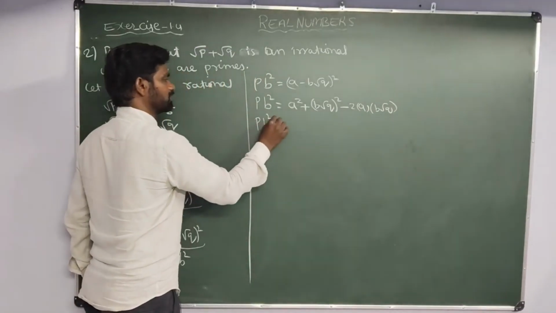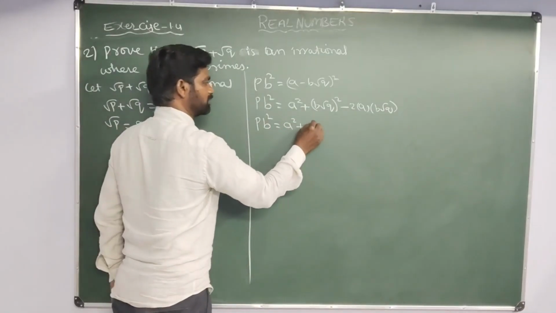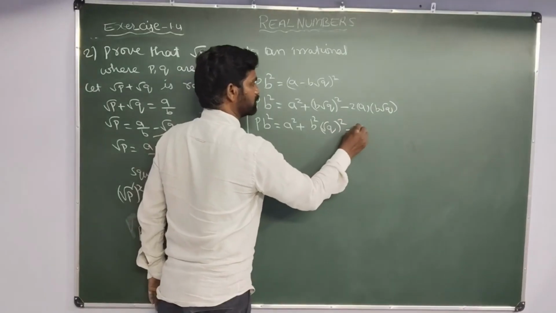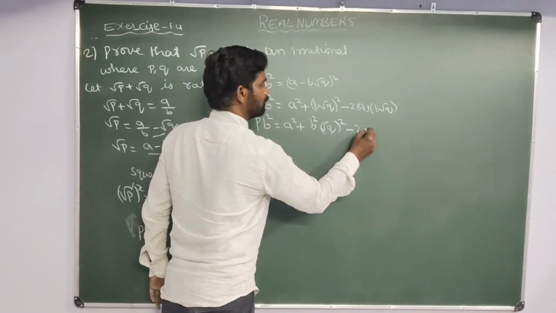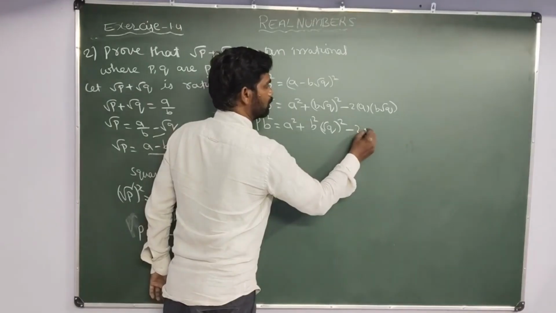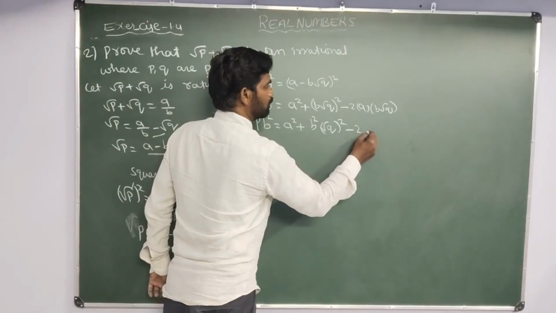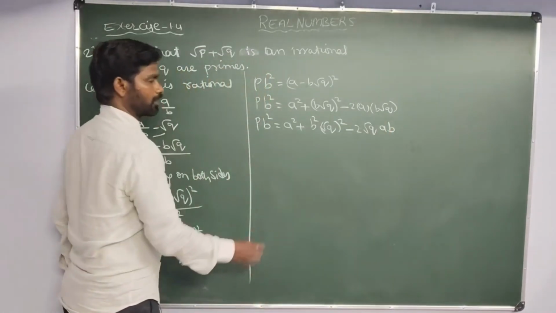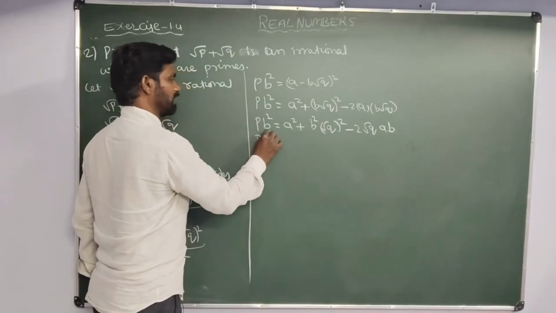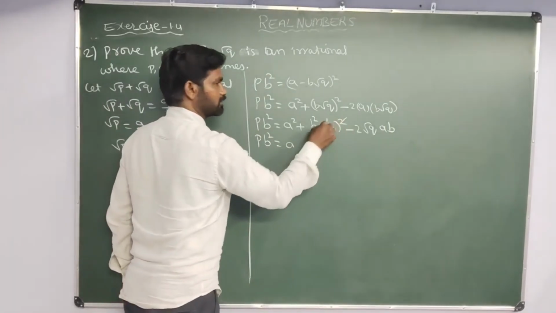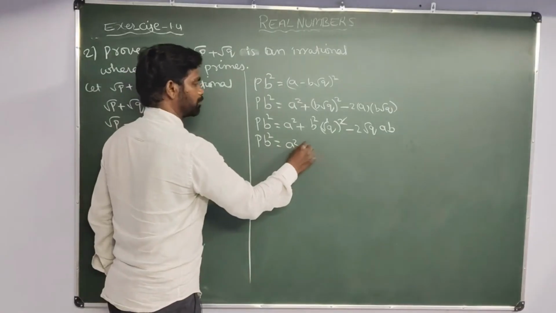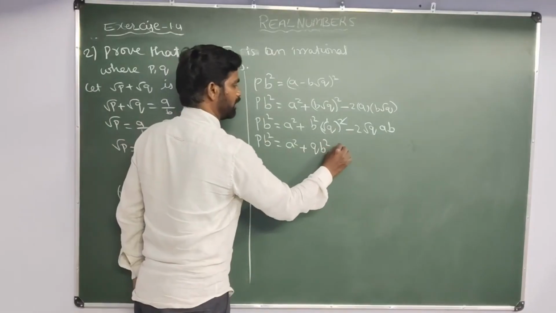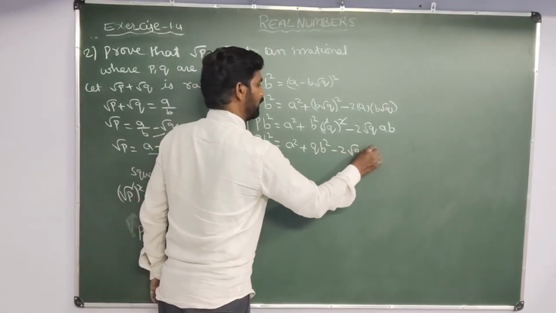So pb square is equal to a square plus b square into root q square minus 2 root q ab. So pb square is equal to, square and root cancel, a square plus qb square minus 2 root q ab.